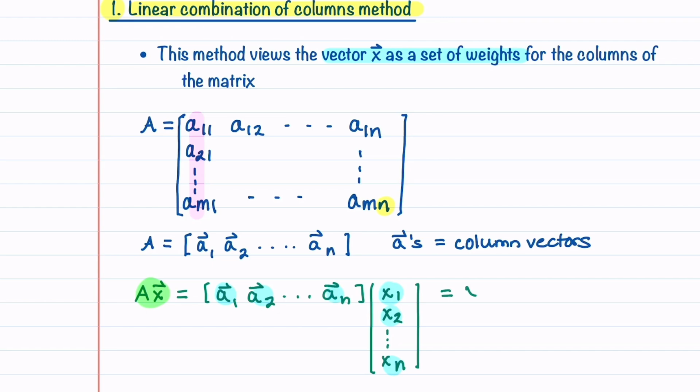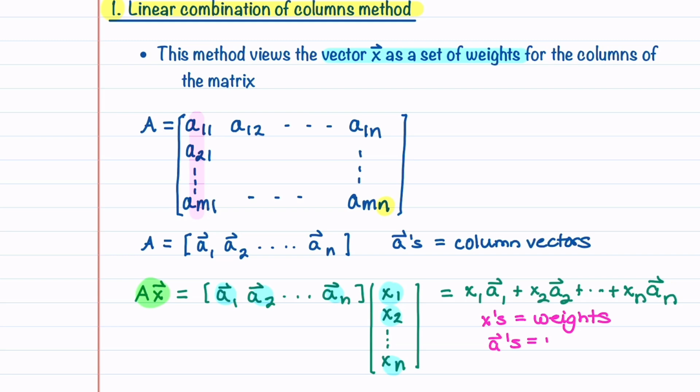This gives us the formula x1A1 plus x2A2 all the way up to xnAn. The x's are our weights, and our A's are our columns of A.